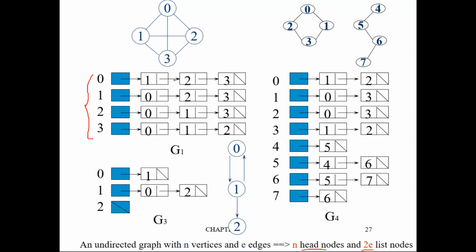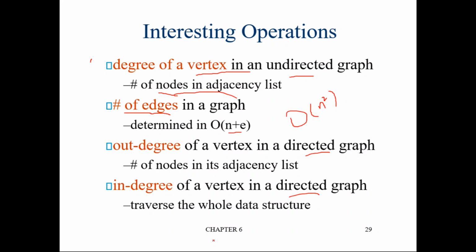E is 6, so you have 12 list nodes: 1, 2, 3, 4, 5, 6, 7, 8, 9, 10, 11, 12. This is only for an undirected graph. Are you ready? Okay, fine. So these are the observations.